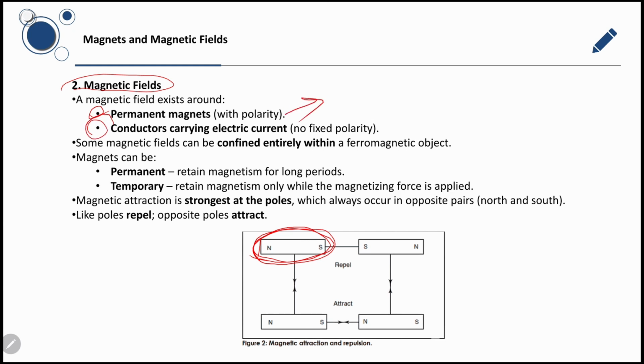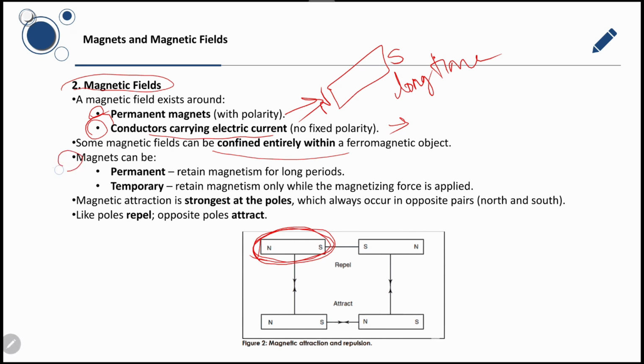Permanent magnets have fixed north and south poles and keep their magnetism for a long time. Electric current in a conductor has no fixed polarity and produces a magnetic field while the current flows. In some cases, the magnetic field can be confined entirely within the ferromagnetic object, so it doesn't spread out much.